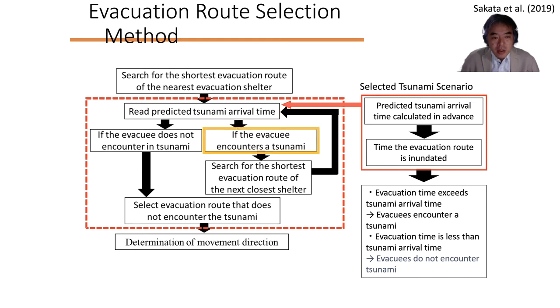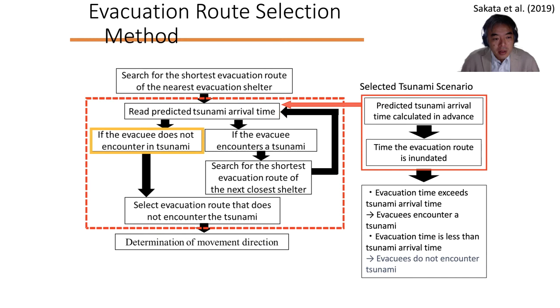And by using this prediction, if the evacuee encounters a tsunami, then this system searches again for the shortest evacuation route to the next selected evacuation place.